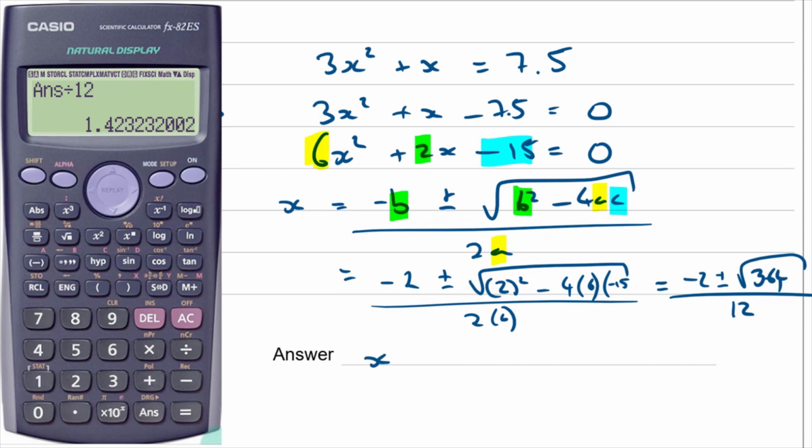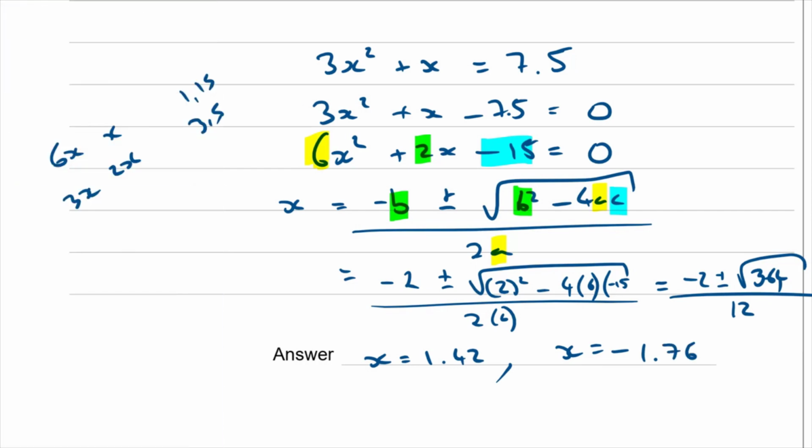So x equals 1.42. Or the other solution I get when I have minus 2 minus the root of 364 divided by 12, which is minus 1.76.